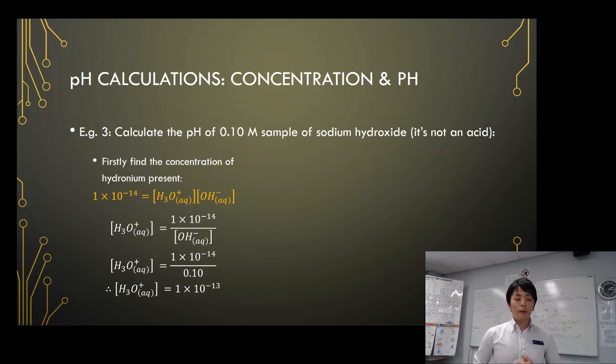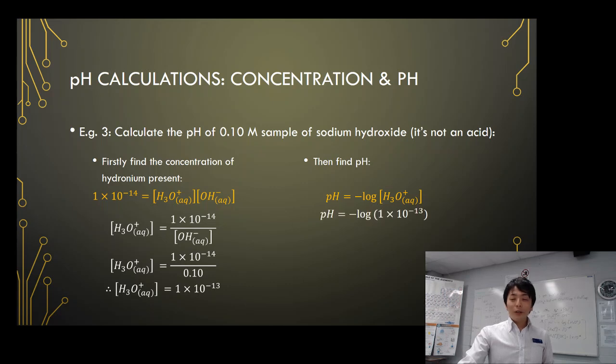Then you can find the concentration of hydronium ion as 1 times 10 to the power of -13 moles per liter. After you find that, you can just calculate pH from that formula. pH equals negative log of the hydronium ion concentration. You just plot the number in and you find the pH. Voila, it's a pH of 13, which is what you were expecting before as well.